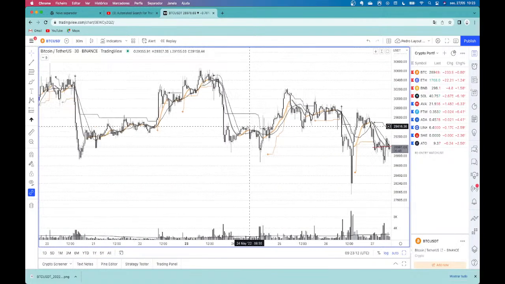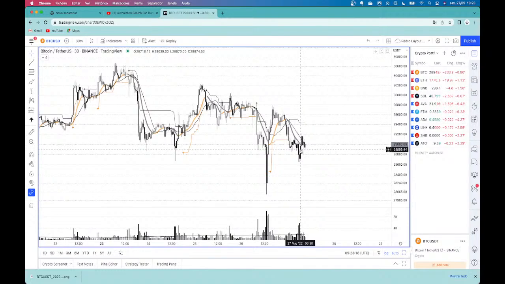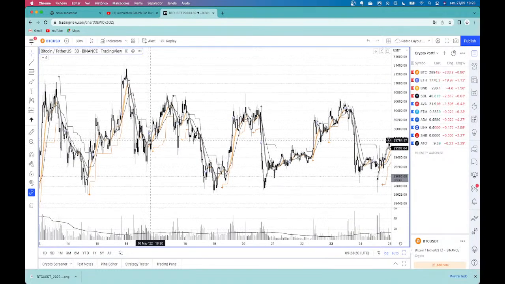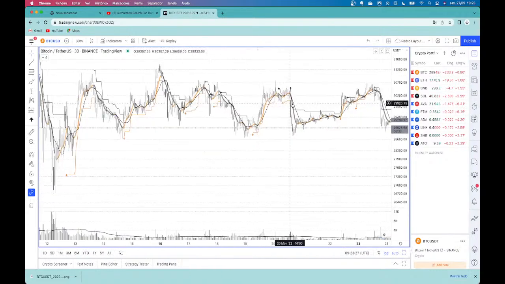If you had to test that on a 30-minute chart, it would be very time consuming. You would be exposed to mistakes, to not taking all the trades that you should. And yeah, that is very inefficient.